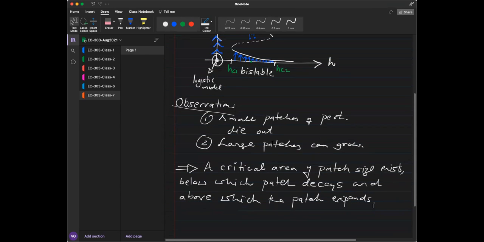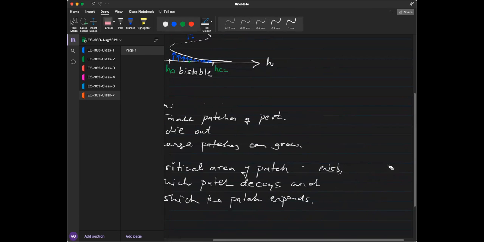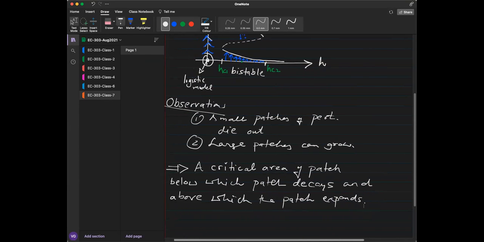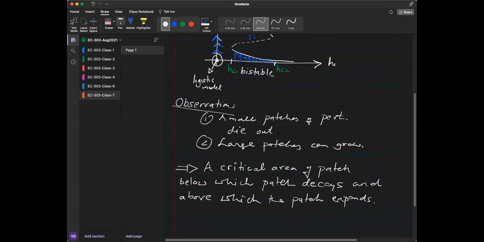These two observations, is this a reasonable inference to make? Okay, so there is a critical area of the patch. I think area of patch is sufficient; I don't have to say patch size. There's a critical area of patch. Let's call that AC, below which the patch decays and above which the patch expands.